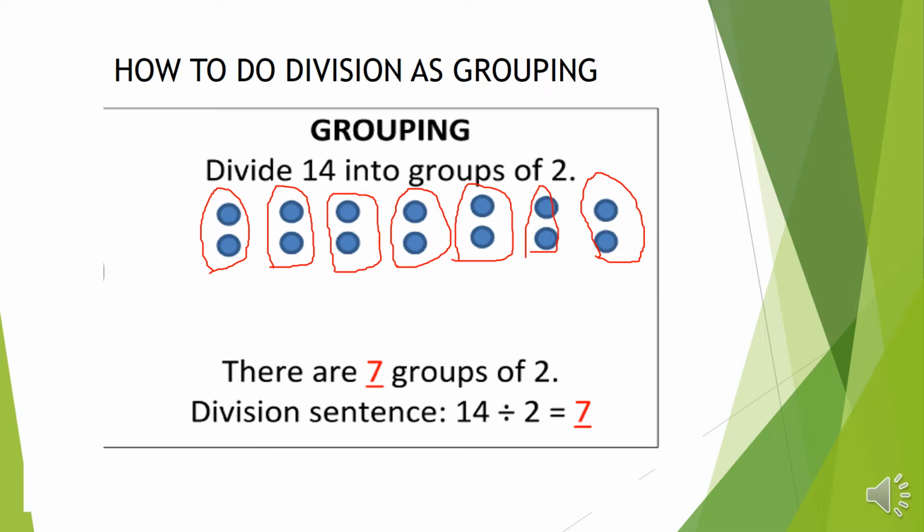So I have circled for you. Now we have to count the groups. 1, 2, 3, 4, 5, 6, 7. So there are 7 groups of 2.